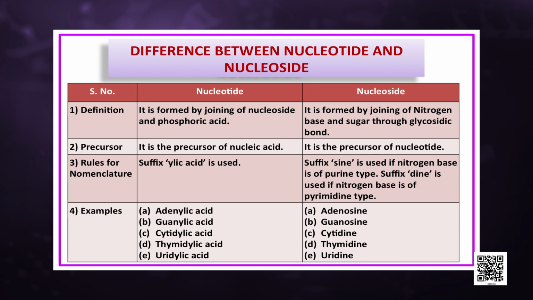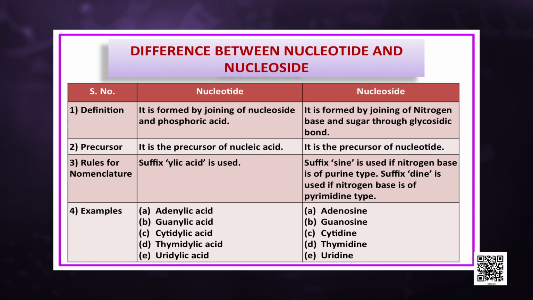It is the monomeric unit of nucleic acid, whereas nucleoside is the precursor of nucleotides. In case of nucleotides, we use the suffix -ylic acid, like adenylic acid, guanylic acid, cytidylic acid, thymidylic acid and uridylic acid, whereas in case of nucleoside, the suffix -osine is used if the nitrogenous base is of purine type.